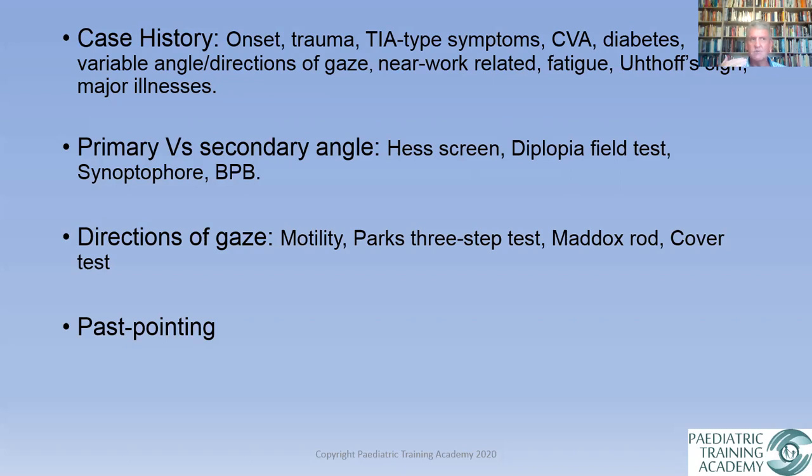The muscles think they're looking somewhere where in fact they're not, and giving your brain information, and they're going to then go usually past and then come back, called past pointing. These are some of the things you need to be doing if a patient walks in with diplopia, and this is how you figure out whether they are incomitant or not. It's an important thing to make sense of and to know whether you have it or not.